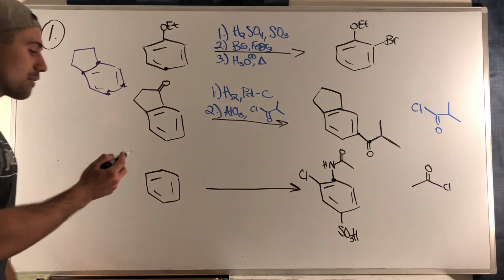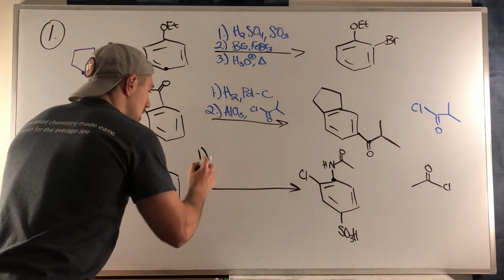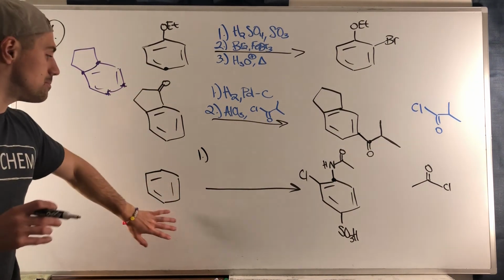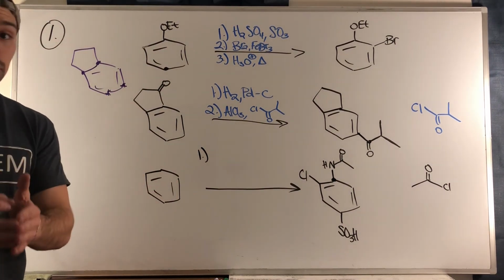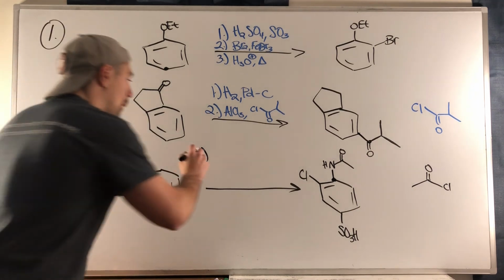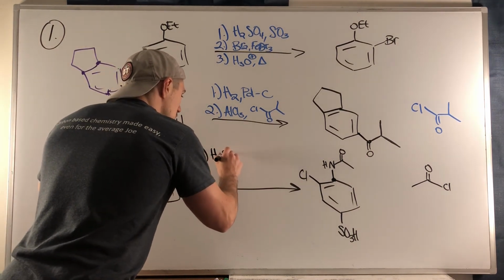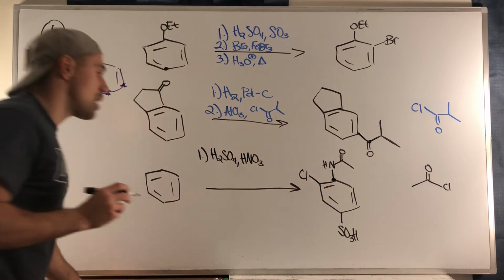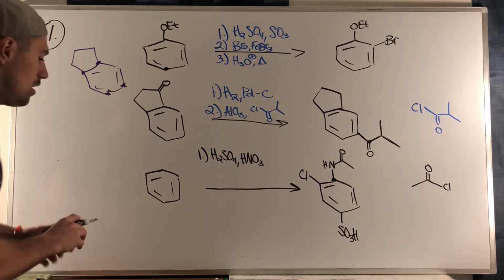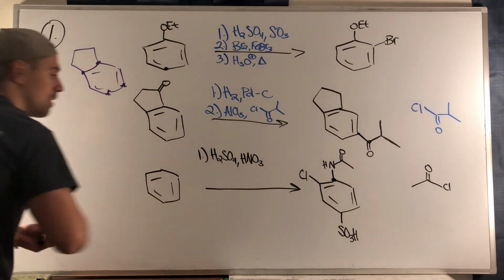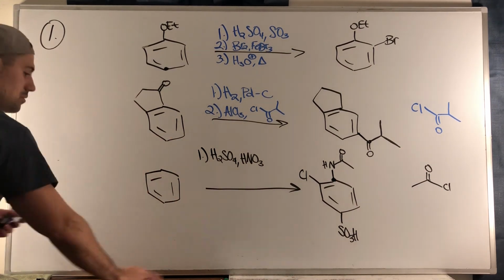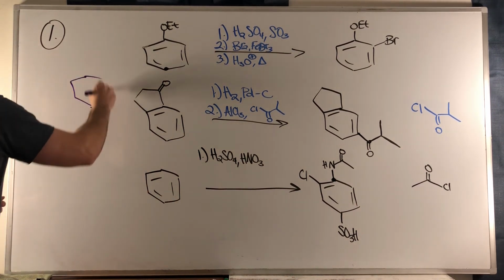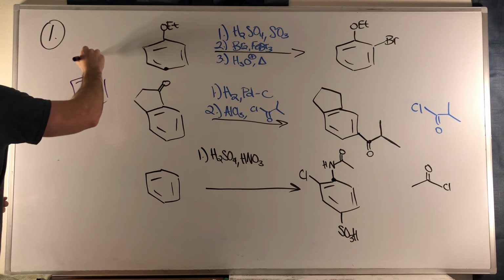So what I'm thinking first is we need to get an NH2 on this benzene ring. We don't have a reaction that directly puts an NH2 on our benzene ring. However, we can first nitrate. So with sulfuric acid and HNO3, we will put, let me erase my work up here so I can use this, an NO2.